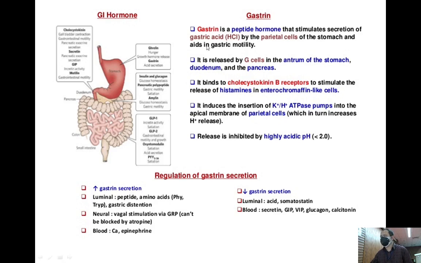So there are different forms of gastrin, with a variation in the number of amino acids. Such a phenomenon is called macro heterogeneity, which comes from the word heterogeneous.